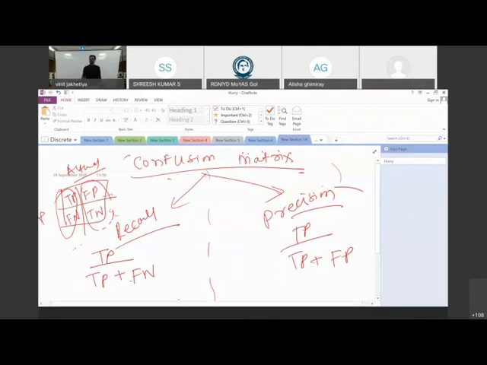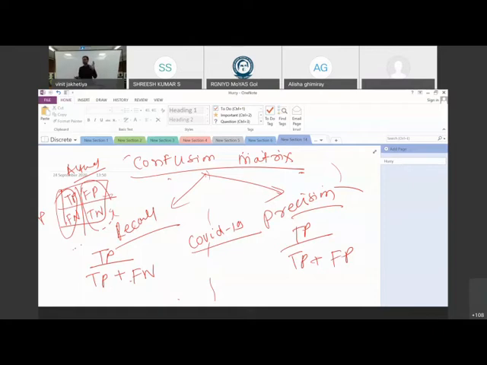So let's take an example of COVID-19. In COVID-19, do you think false positive is important or false negative is important? I firmly believe false negative is too important in case of COVID-19 detection.